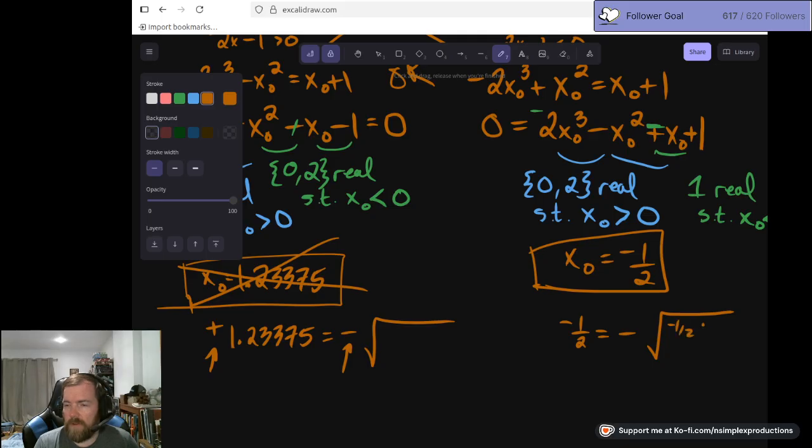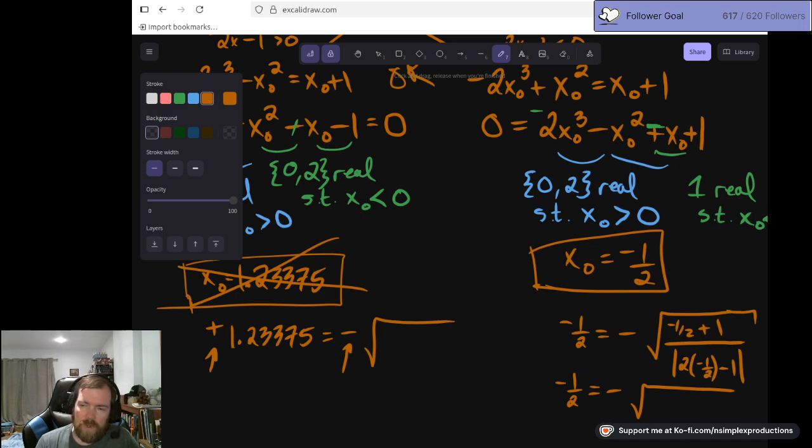This one, on the other hand, we get negative 1/2 is equal to negative square root of negative 1/2 plus 1 divided by the absolute value of 2 times negative 1/2 minus 1. Negative 1/2 plus 1 is a positive 1/2, divided by, at the bottom, negative 1 minus 1, which is negative 2.